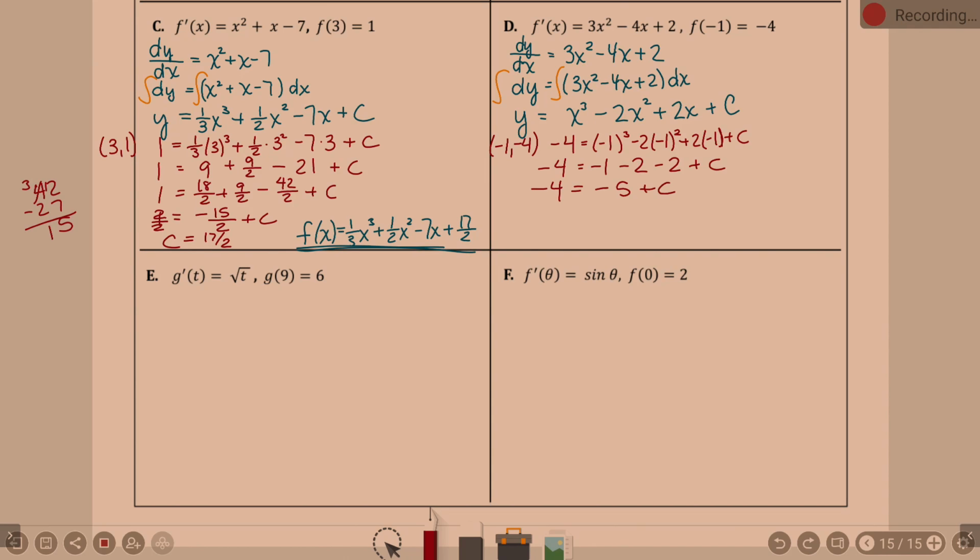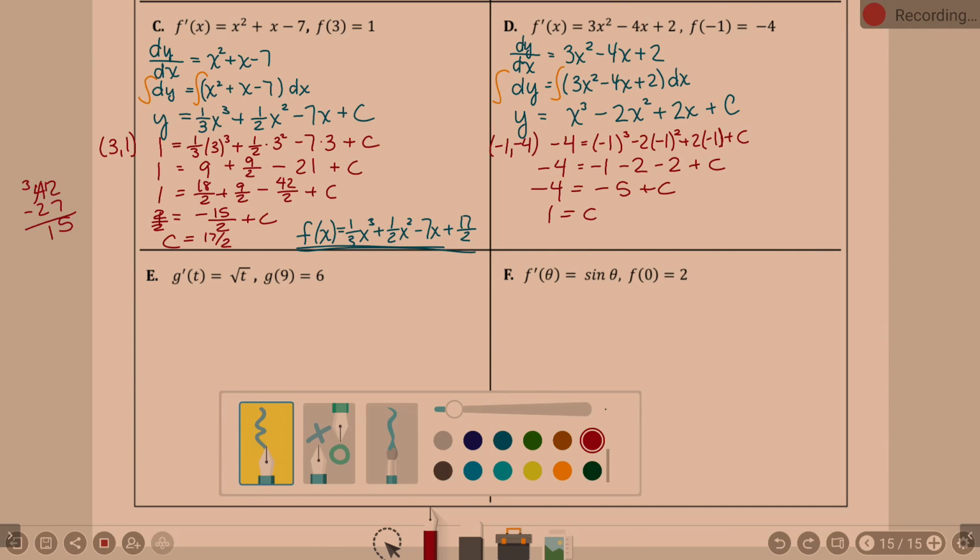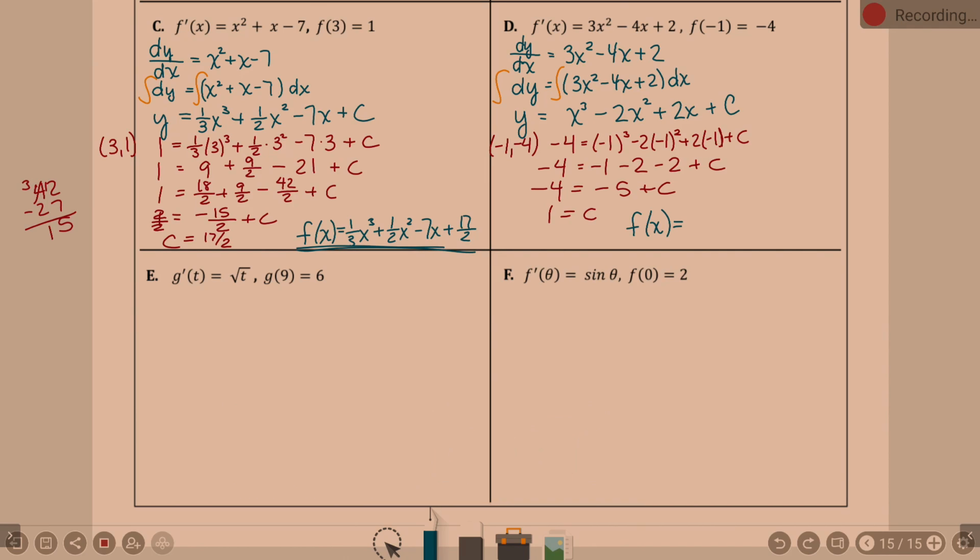And so when I add 5 over, c is 1. Yes, seriously. It's easy. So f of x equals x cubed minus 2x squared plus 2x plus 1.